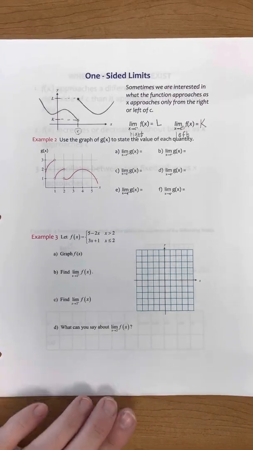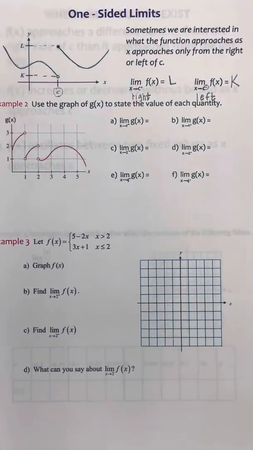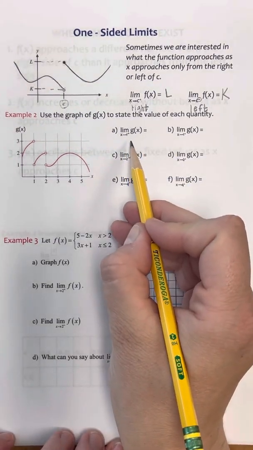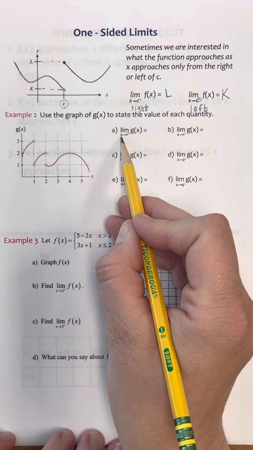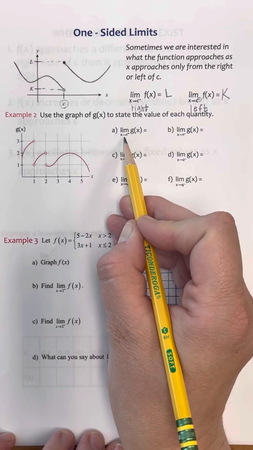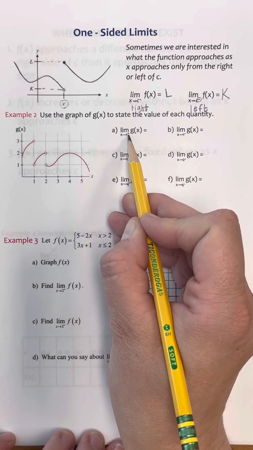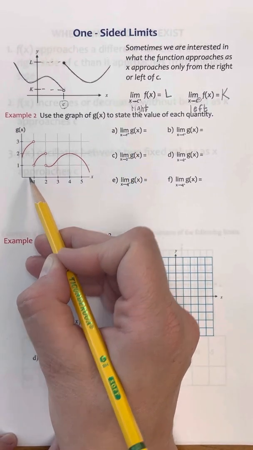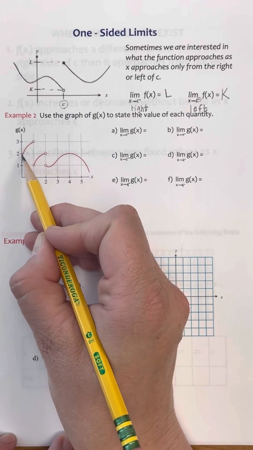I made that a little bit bigger. We'll try that. All right, so letter A, we're going to look at this graph. We want x to approach 1, and we want to do it from the left. So here's 1, but we want to come at it from the left. That means we're going to be looking at this piece right here.